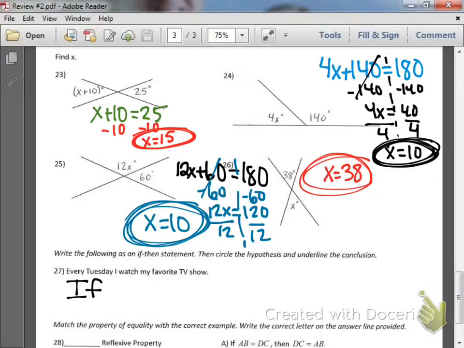What has to happen first? Does the night of the week determine what you're going to watch, or does what you're watching determine the night of the week?